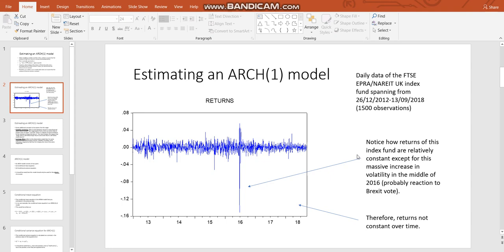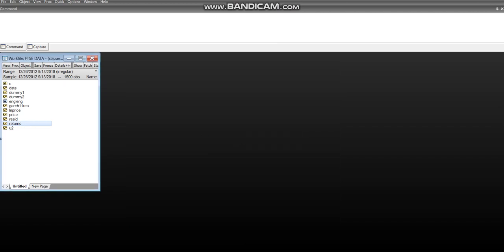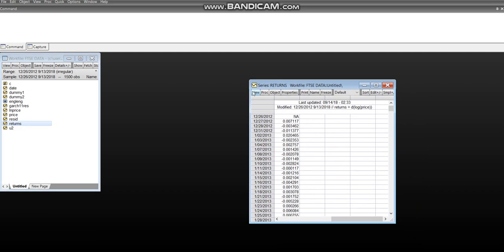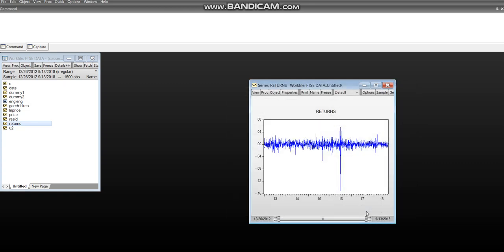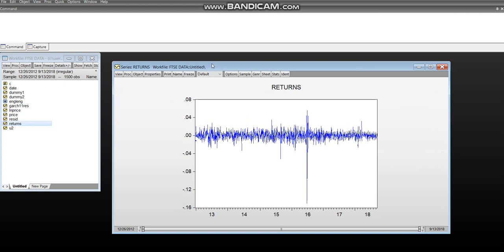So I've got my own example, which is based on my own data set here. Just right click, open, view, graph. Okay. And as you can see, just like the picture that I have in my PowerPoint, you can see that the variance of the returns is not constant.